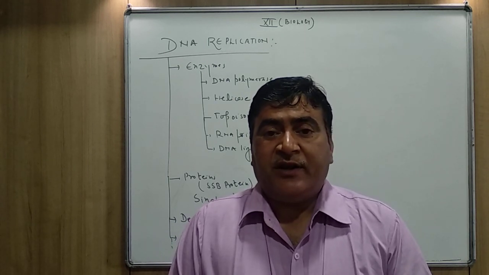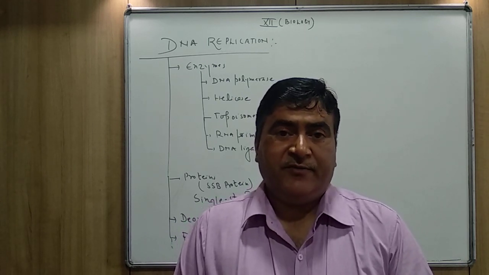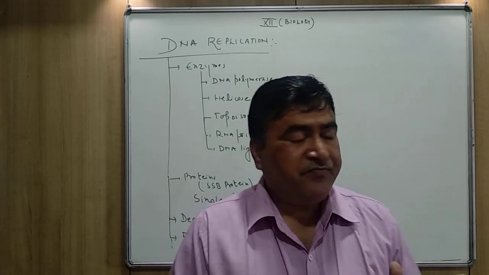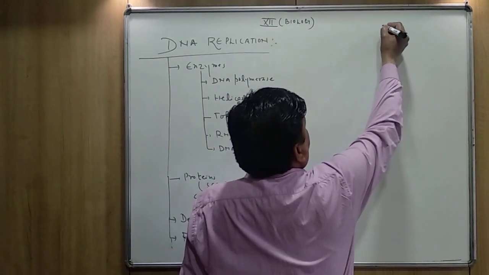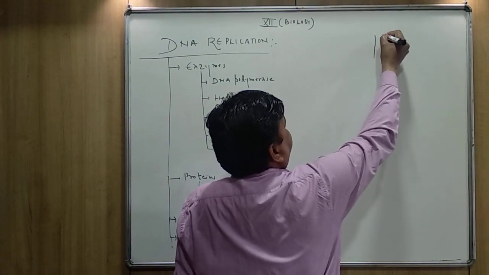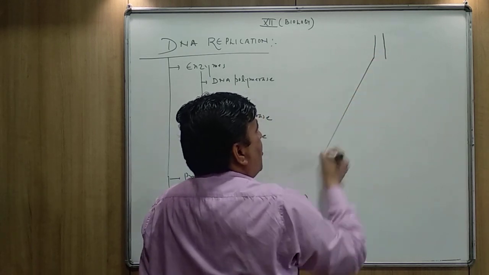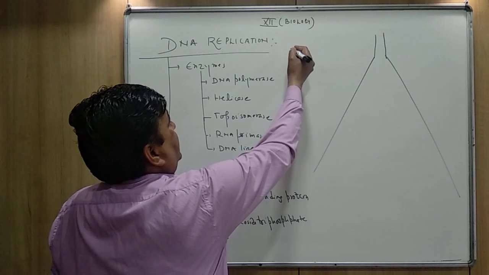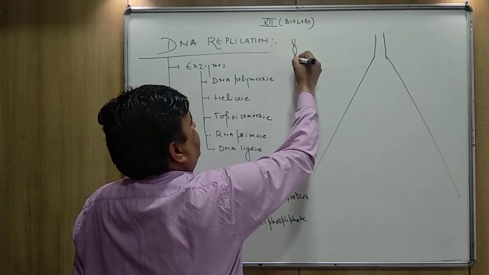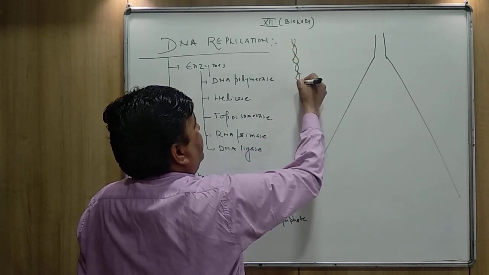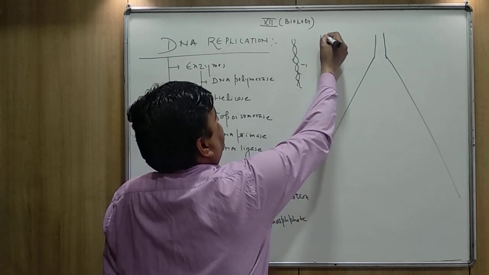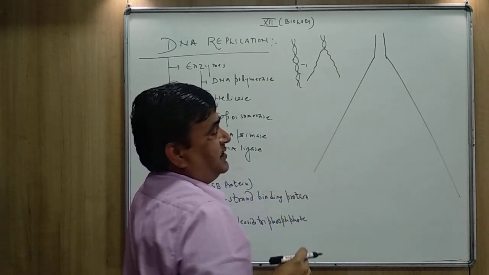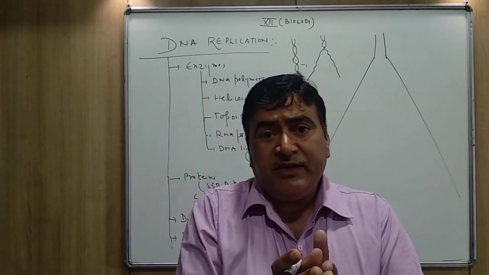During the process of DNA replication, first of all, you will observe the duplex DNA, you can see here, this is the diagram. Suppose this is the double-stranded DNA. First of all, both the strands are separated from each other.